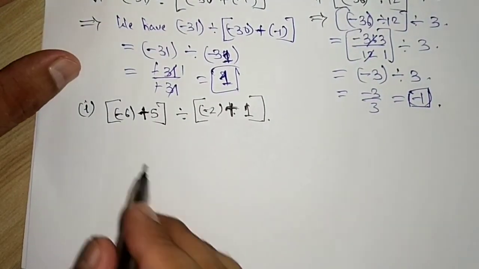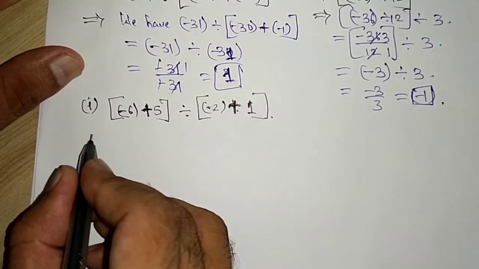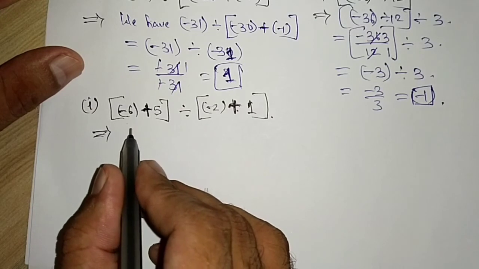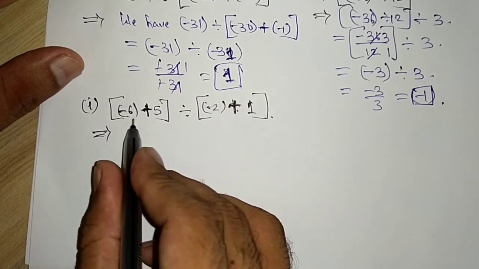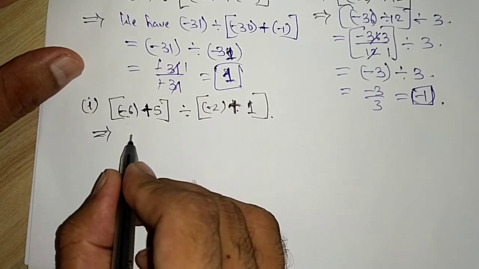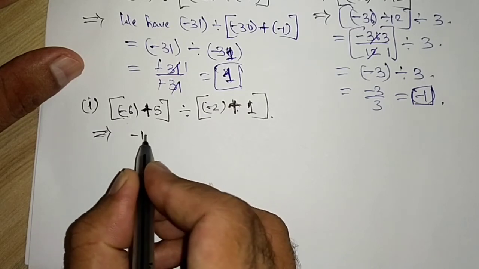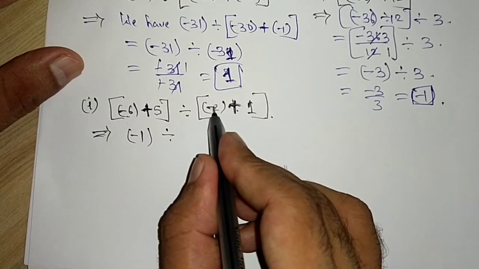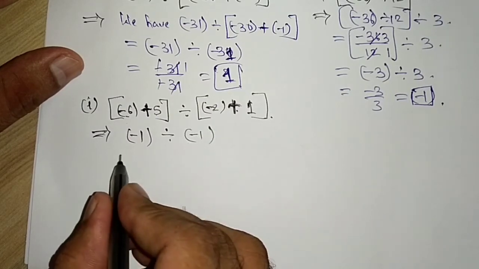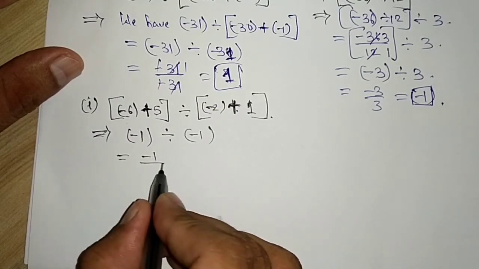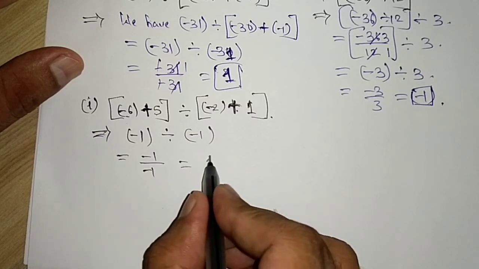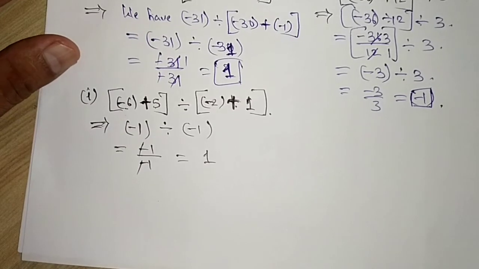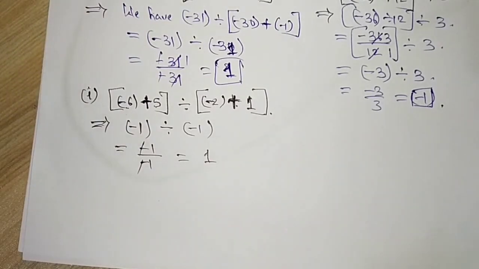So minus 6 plus 1. Here we are solving two integers with unlike signs. So we subtract the numerical values and put the sign of the higher value, that is minus 1. Divided by minus 2 plus 1, which will give me minus 1. Minus 1 divided by minus 1 will give me 1. Minus minus will cancel out. So your remaining answer will be 1.